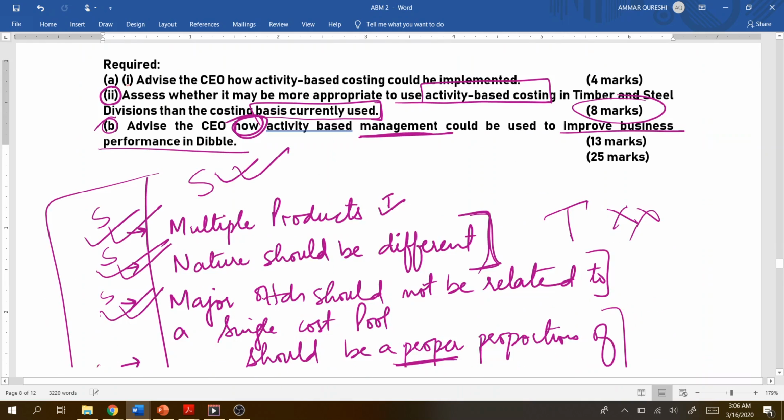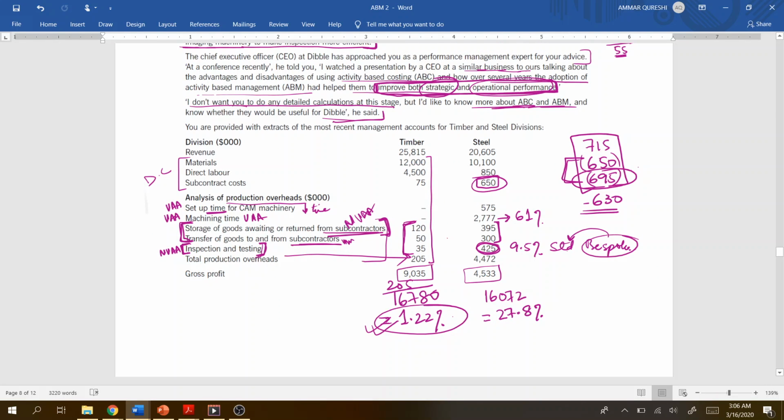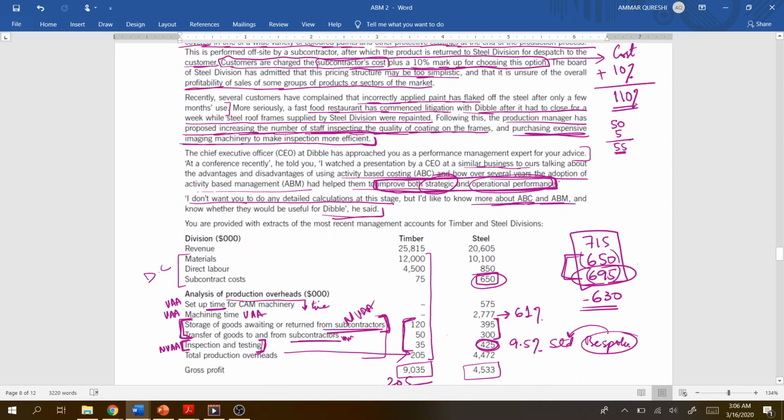One more thing you can discuss is that if a company is manufacturing, it may consider repricing the product, because we cannot reduce our cost much, right? If we are unable to reduce cost to 630,000, then we can try to reduce cost as much as we can without compromising the quality.